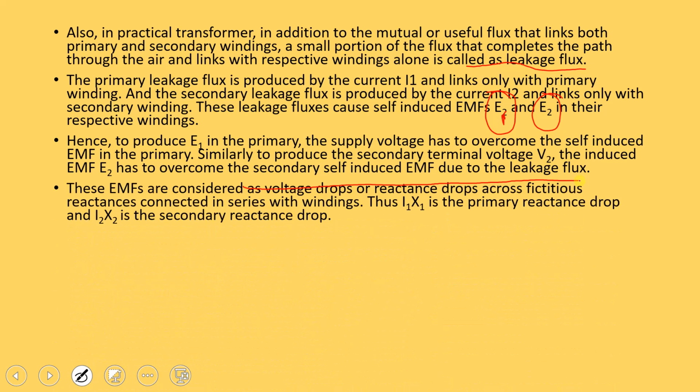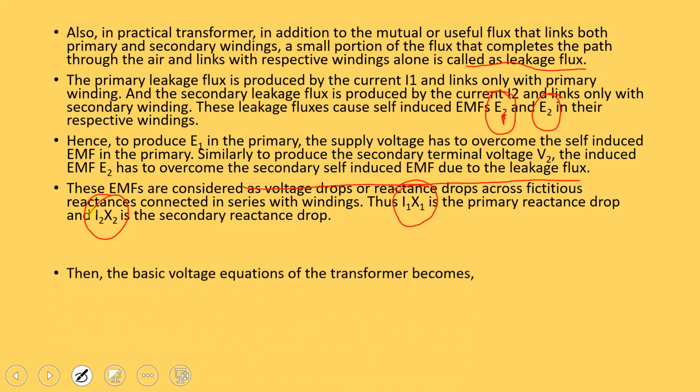These EMFs are considered as voltage drop or reactance drop across fictitious reactances connected in series with the windings. Thus, I1X1 is the primary reactance drop and I2X2 is the secondary reactance drop, I1X1 on the primary side and I2X2 on the secondary side.